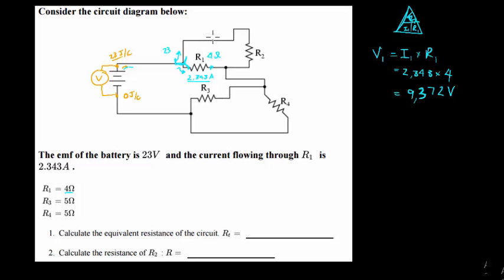So even if there were 2 resistors or 10 resistors in this branch, it would spend the same amount of energy in the whole branch as it would in the whole of the other branch. So the amount of energy spent here, remember what voltage is? Voltage is joules per coulomb. So every coulomb will spend 9.372 joules on this resistor.